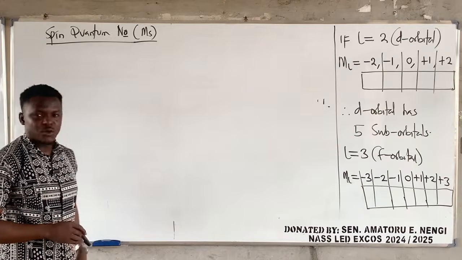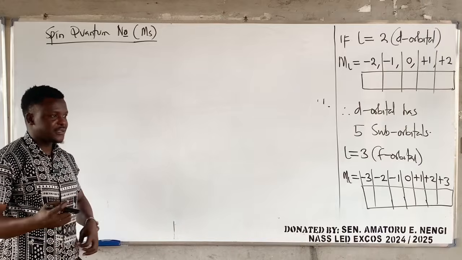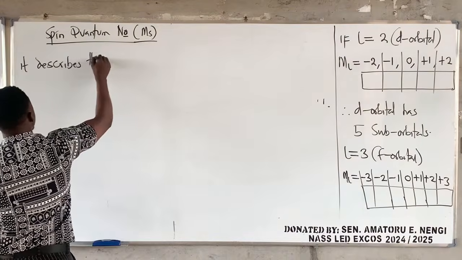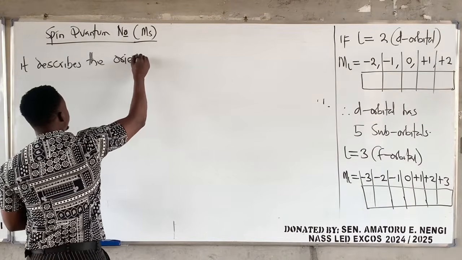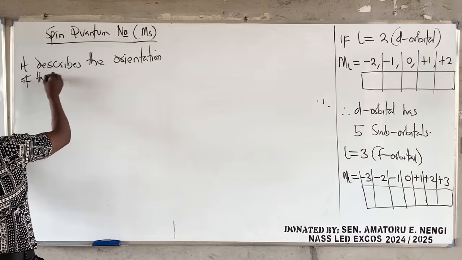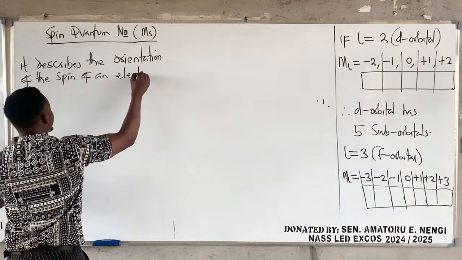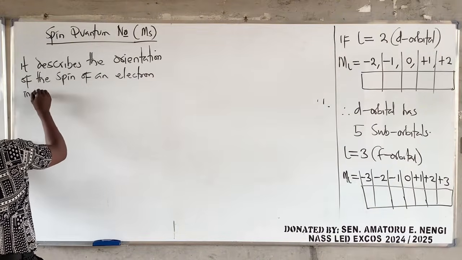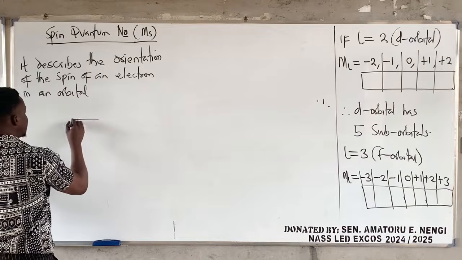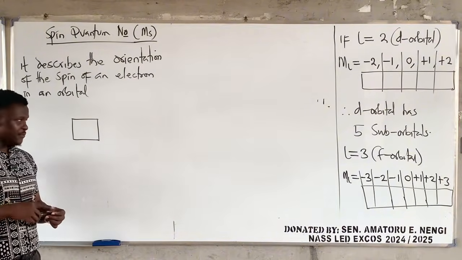Let's look at spin quantum numbers. Spin quantum number is a type of quantum number that describes the orientation of the spin. Remember I said an orbital is a region where an electron resides.